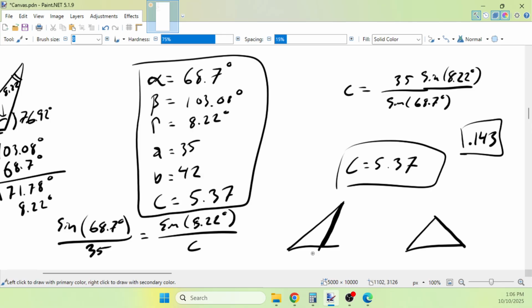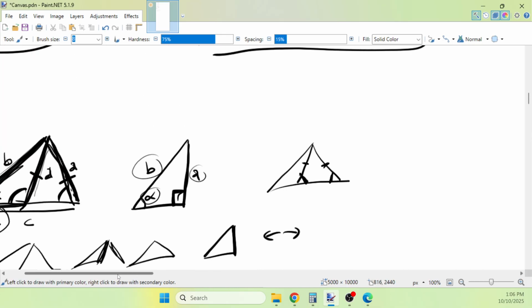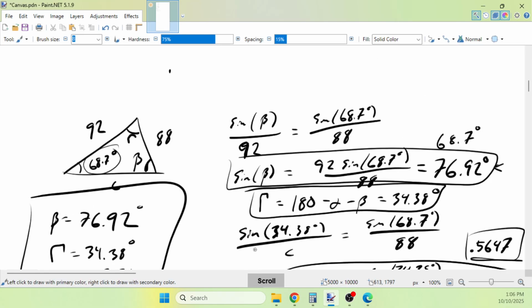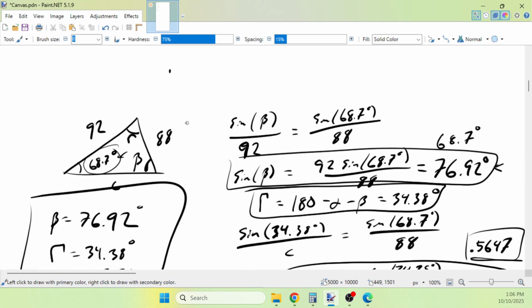This is called the ambiguous case. It happens when you are given information about a triangle, and you have an angle, the opposite side, and one other side. If the angle that goes with the unpaired side that you're given, in this case beta, is less than 90 degrees, then you have to check.